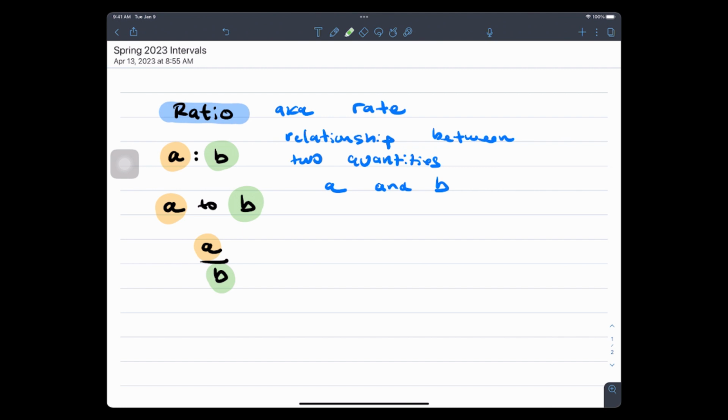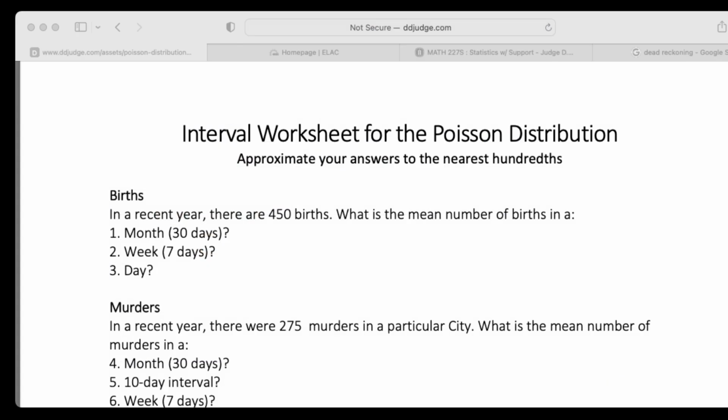So, if I go back to the browser and we look at this first piece of information, let's read what this says. It says, in a recent year, there are 450 births. Wherever this is, who cares, right?